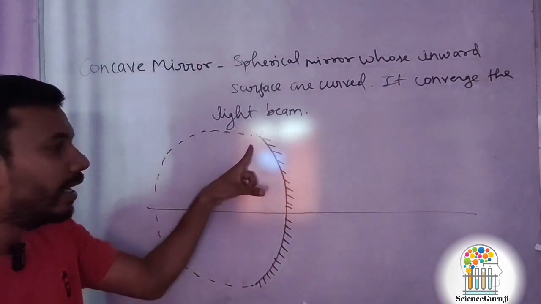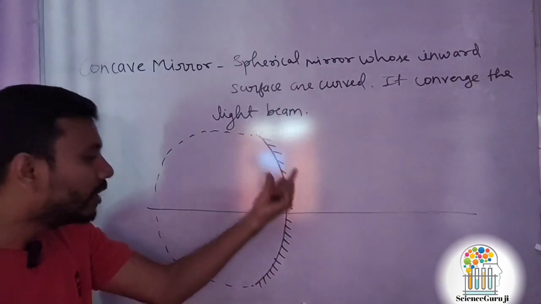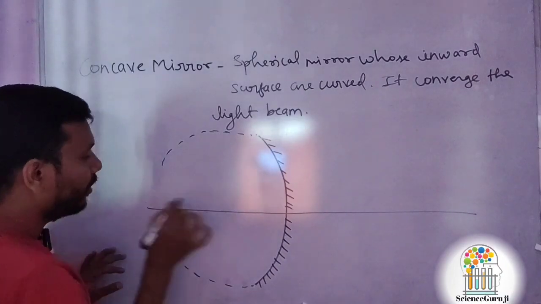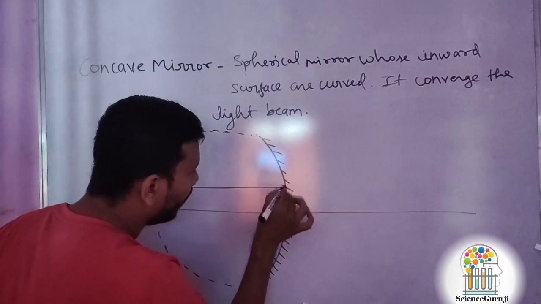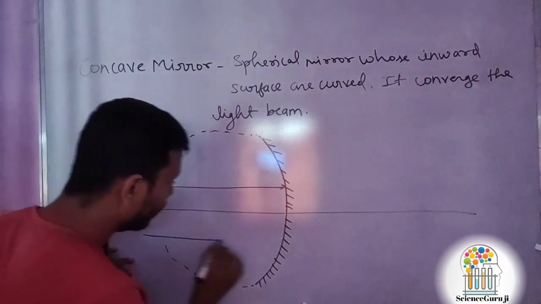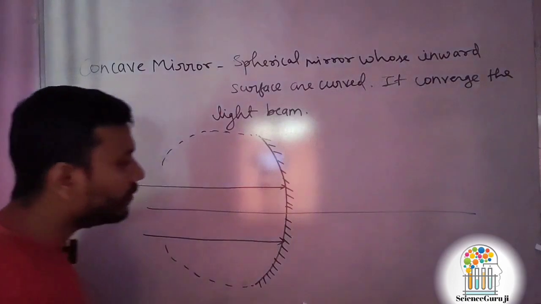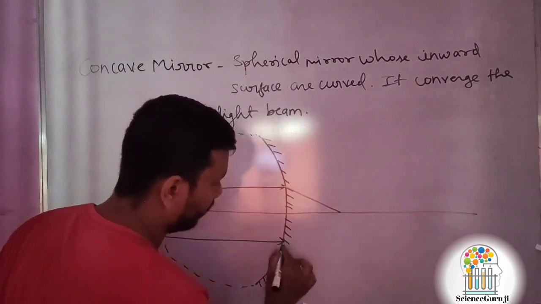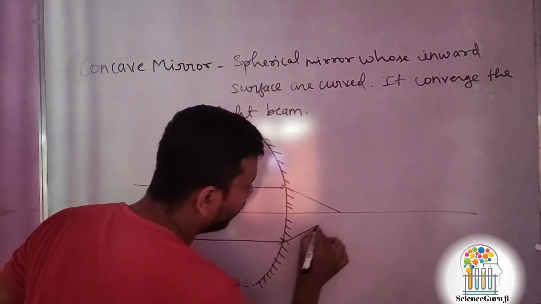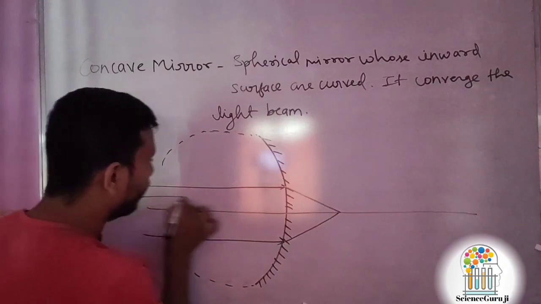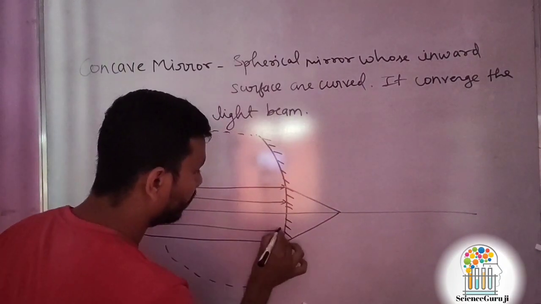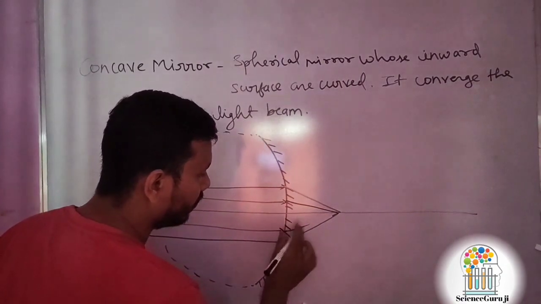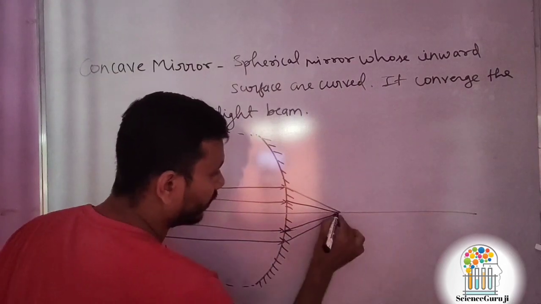As we can see, this mirror is inwardly curved, and the light coming from a distance, light coming from anywhere, after reflecting from the surface, converges here. Let's make another one like this. This is a rough diagram for better understanding.